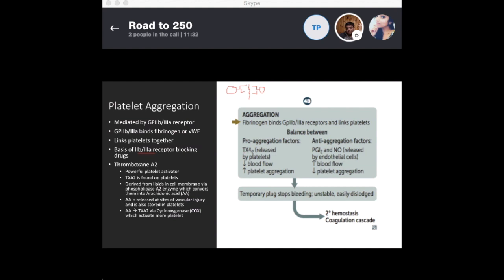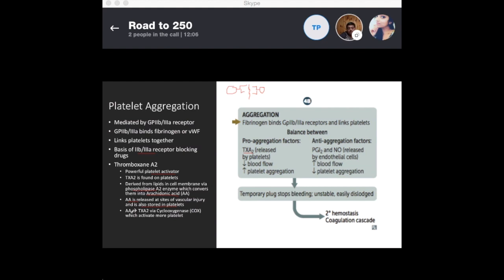So thromboxane A2, as it's listed here, is a powerful platelet activator, and it's found on platelets and also on red blood cells. It is released when there's red blood cell damage or endothelial injury. Basically, it's derived from lipids in the cell membrane. We have phospholipase A2 as the enzyme, and that converts them to arachidonic acid. Arachidonic acid is at the sites of vascular injury and is also stored in platelets.